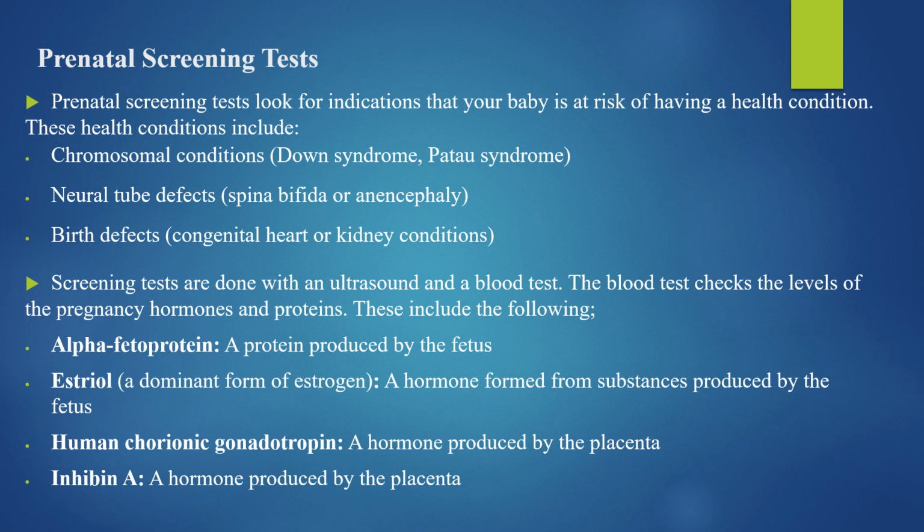So these are the screening tests that the blood does alongside the ultrasound. These are some of the blood sample tests that are done, either hormones or proteins being checked.